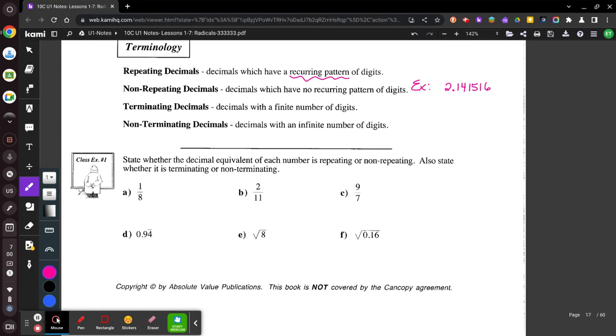It's not repeating the identical pattern. It has to repeat the identical digits to be considered a repeating decimal. So this one is non-repeating because the pattern does not continue identically.